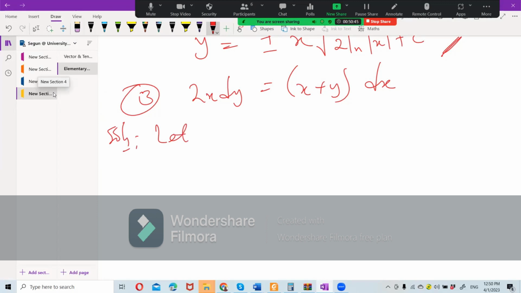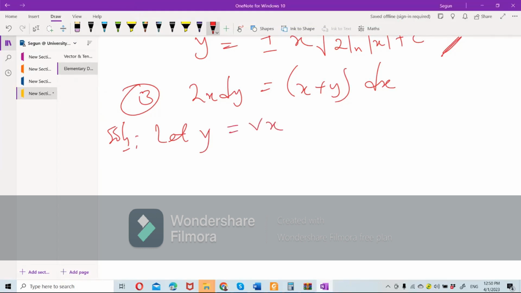Let y equals vx, so dy is equals to x dv plus v dx.